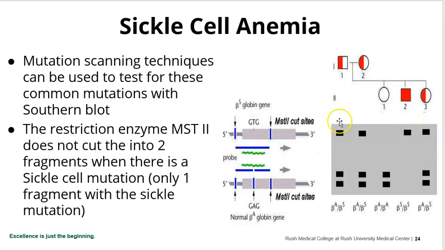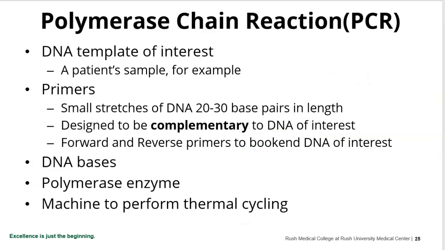This individual got the sickle allele from mom and dad, and all they have is sickle. And this individual has sickle cell anemia. And this individual, like their parents, one parent gave them the sickle allele, and one parent gave them the normal hemoglobin. This is the way using restriction enzymes we could figure this out. The next thing is polymerase chain reaction.